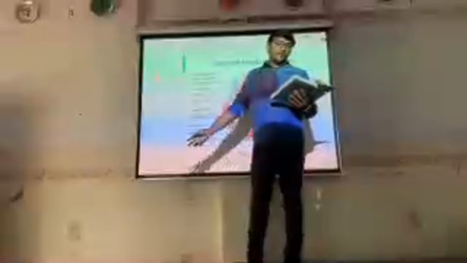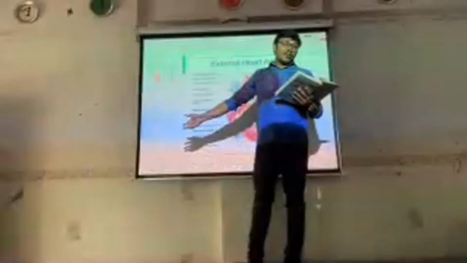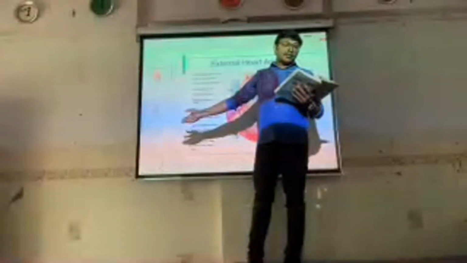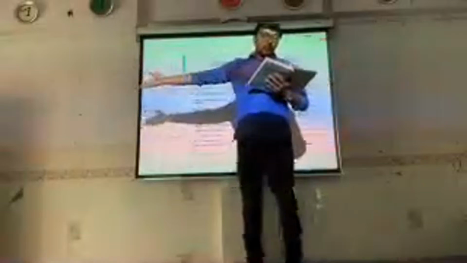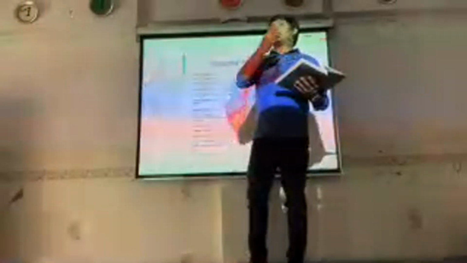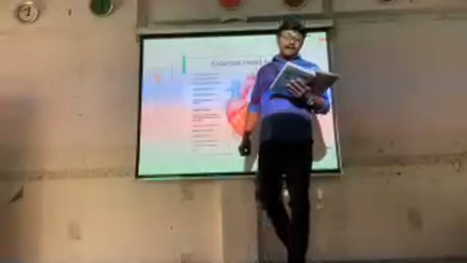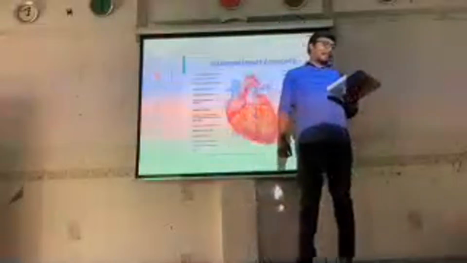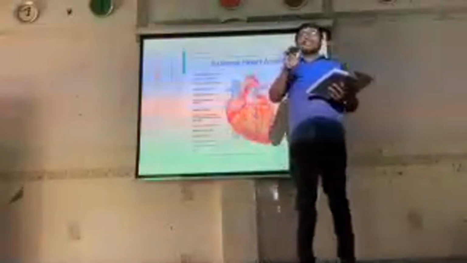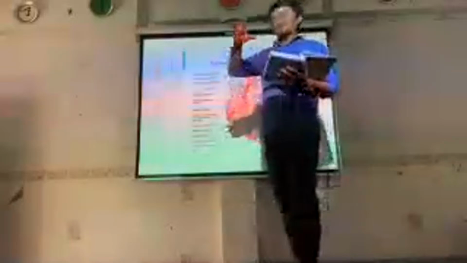So from the brachiocephalic artery and the common carotid artery, they are arising. From there we are getting the subclavian artery. From the subclavian artery we have the axillary artery. From the axillary arteries, they are further divided.